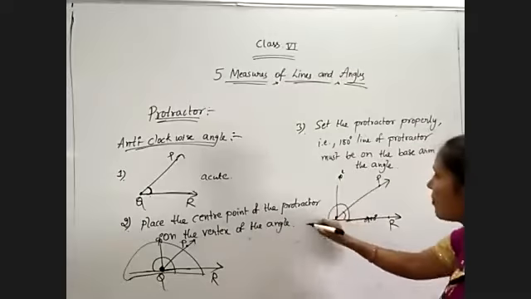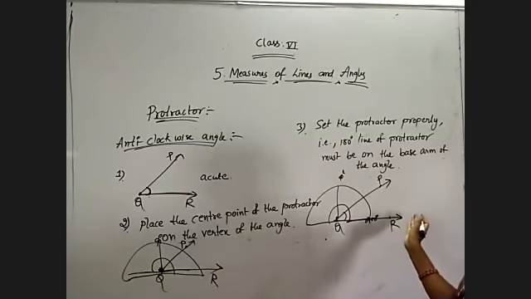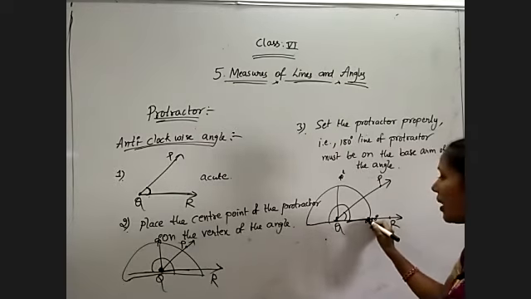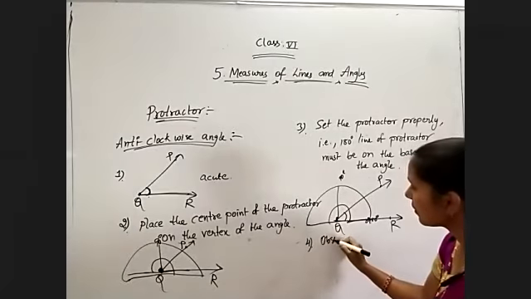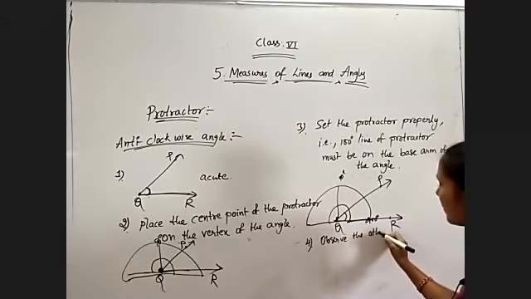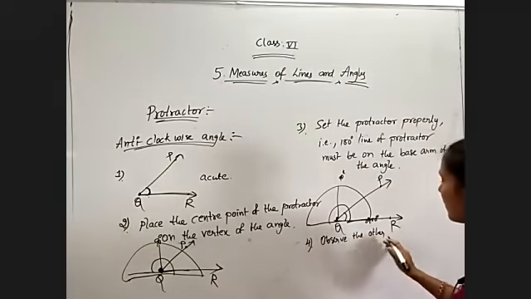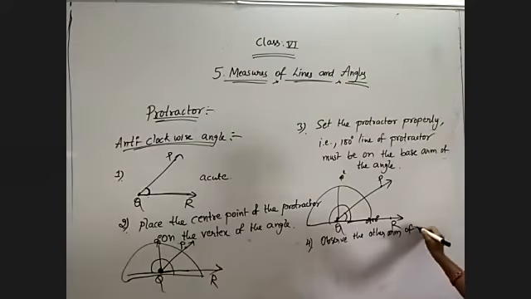Now I have set my protractor in this way. Now it is moving in an anti-clockwise direction, so I need to take down the inner values. Now fourth point, observe the other arm of angle Q.